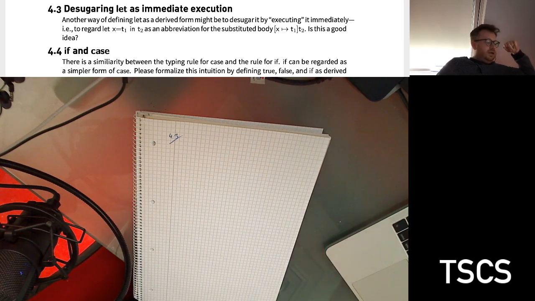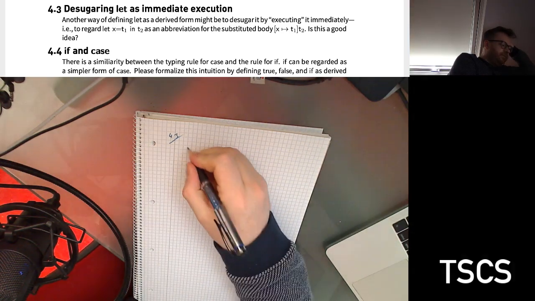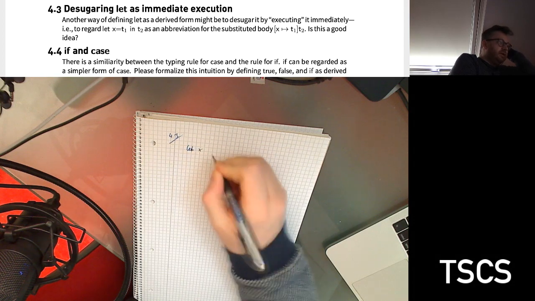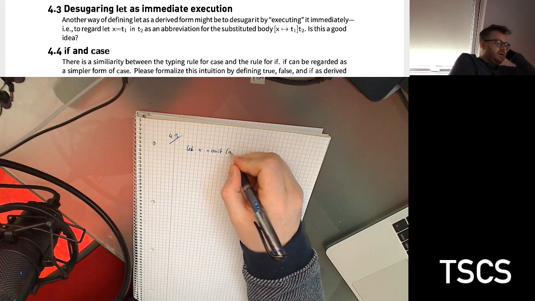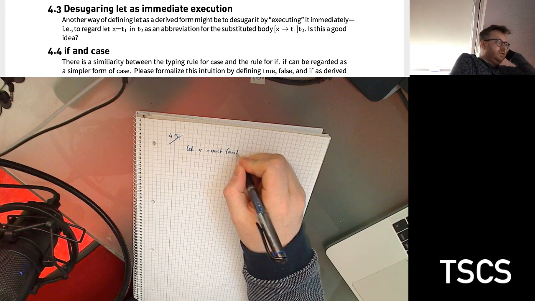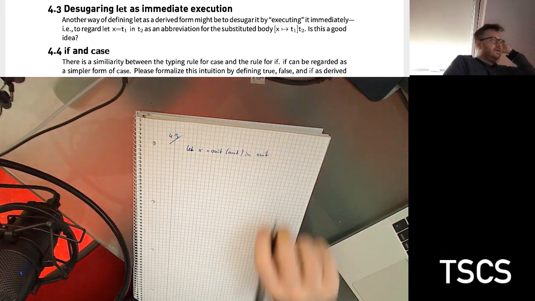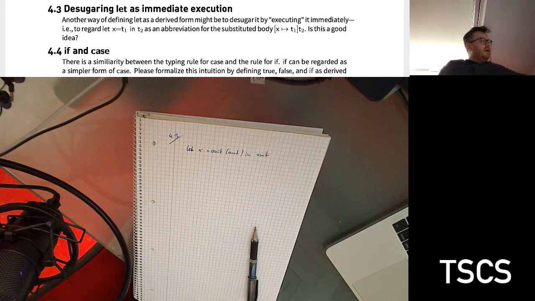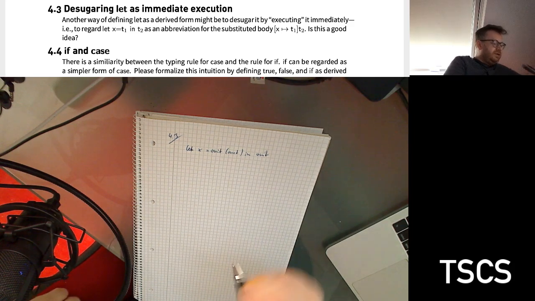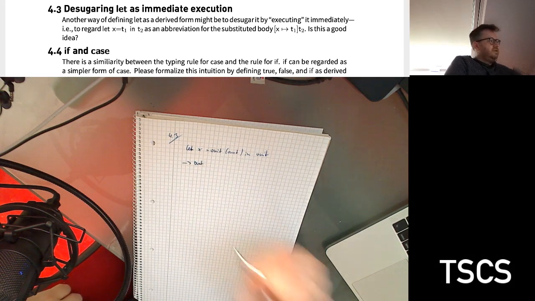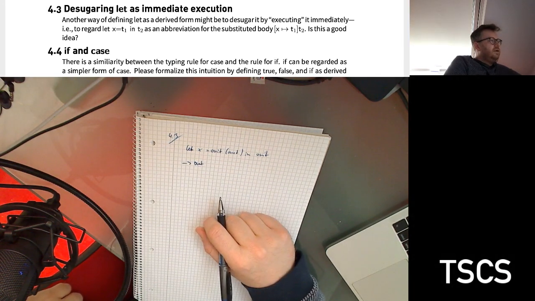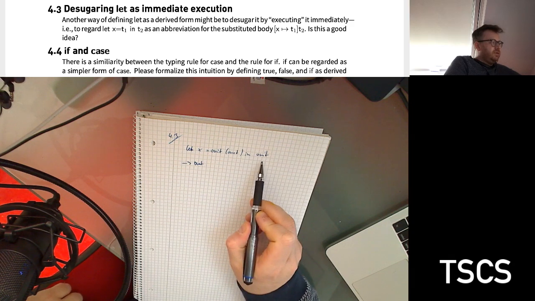So let us consider something like this. Let x equal unit applied to unit in unit. Now, this is translated to the well-typed term unit, since x does not appear in the body.